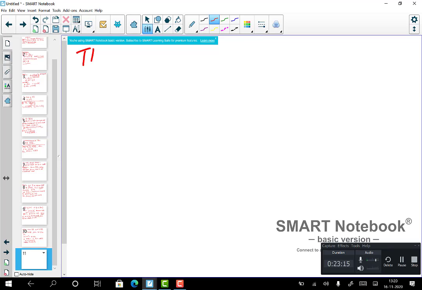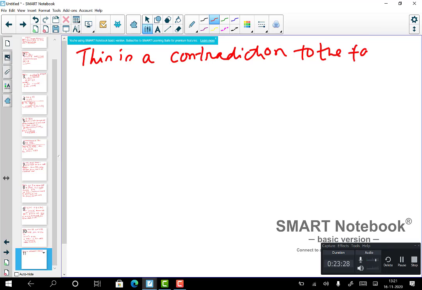So this is a contradiction to the maximality of M, right? So a maximal ideal cannot be the full ring, this has to be a proper ideal.